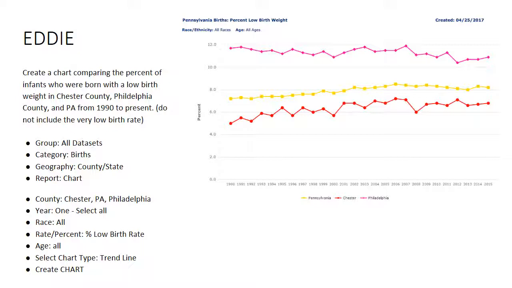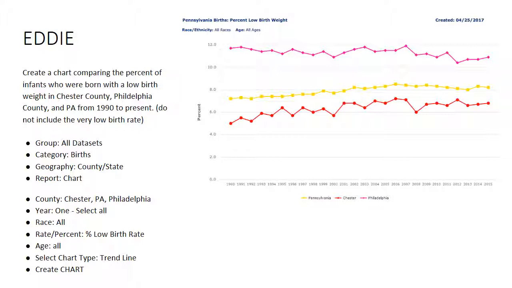For Chester County, the red line, we see that it's lower than the state average, but again, this average has increased over time. So in 1990, Chester County's average was about 5% of births, and now in 2015, the average is closer to 7%.